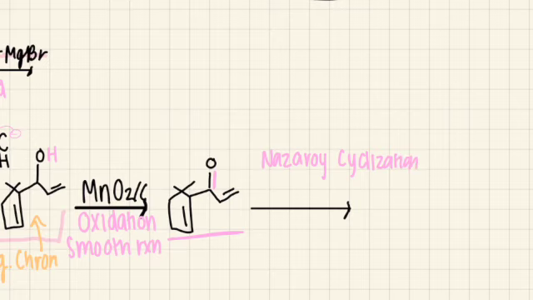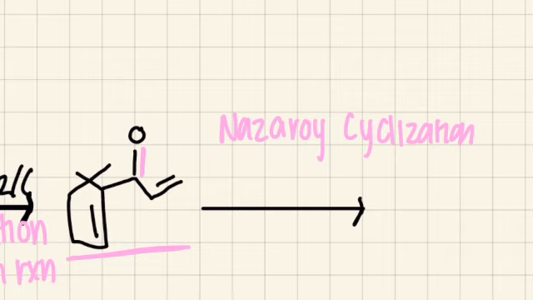So this works with divinyl ketones, which is what we have. We have our 2 carbons here, so that's 1. Then we have this other one, so it's di, and then we have our ketone in the center.